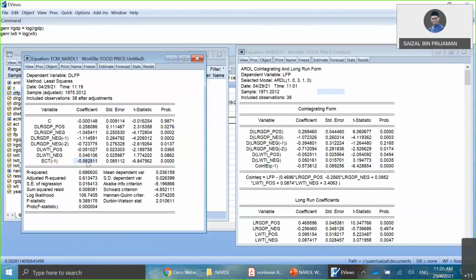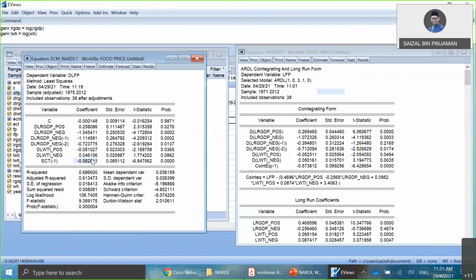So for the exact value of the coefficient, we can see that the value is 0.582811, and the sign is negative. When the sign is negative, it means that there is a tendency for the model to move back into the long run when a short run shock occurs in our estimation or in our variable.